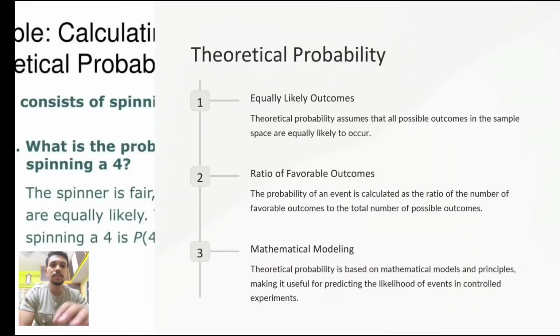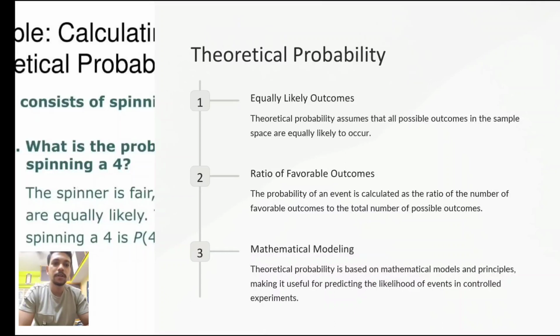And the other one is theoretical probability. First one is equally likely outcomes. Theoretical probability assumes that all possible outcomes in the sample space are equally likely to occur. And next one is ratio of favorable outcomes.